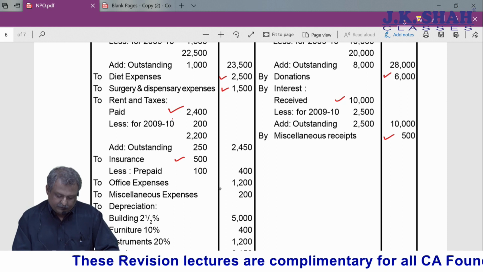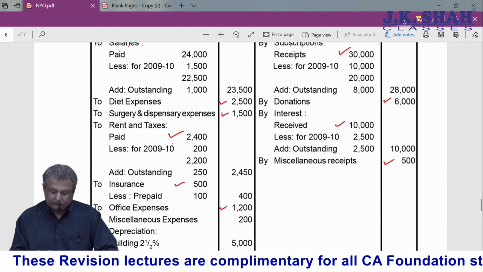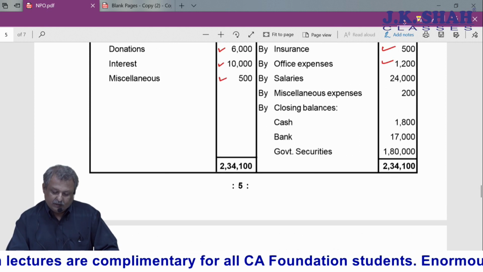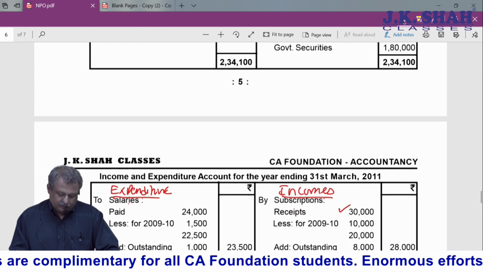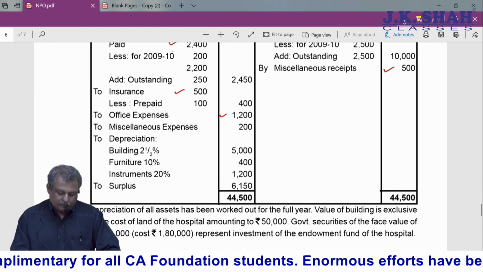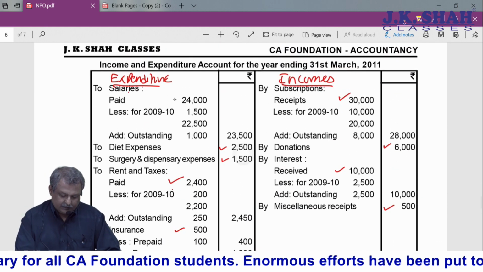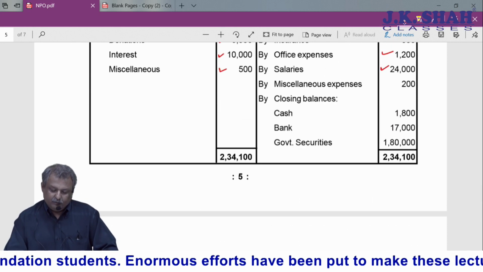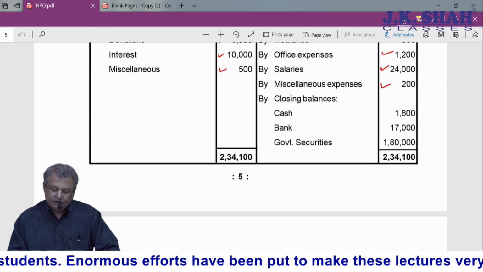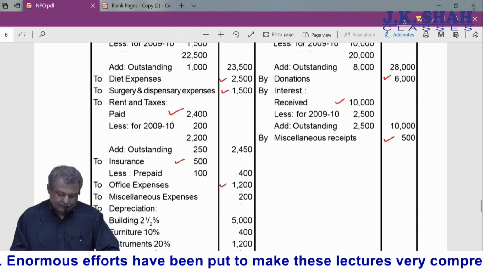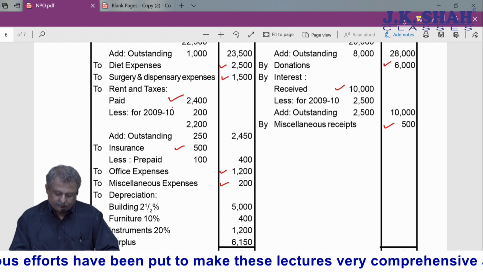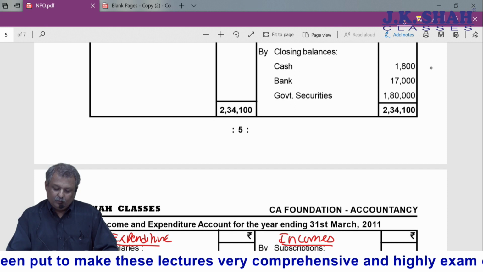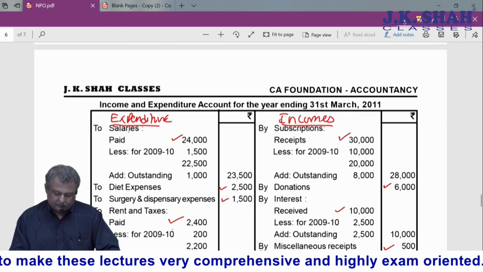Then office expense 1,200. Similarly, salaries 24,000. Yes, salaries are here 24,000. And finally, miscellaneous expense 200. So miscellaneous expense 200. But then finally closing balance is not given here.